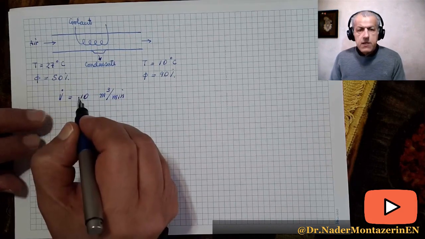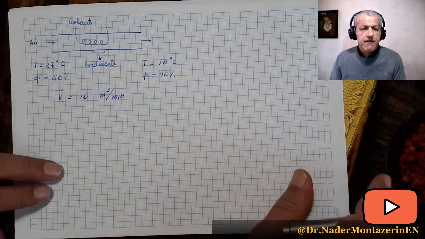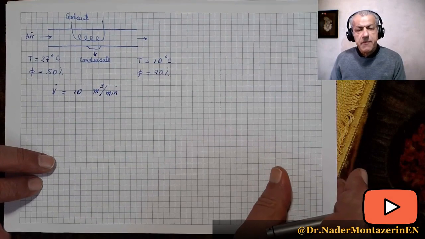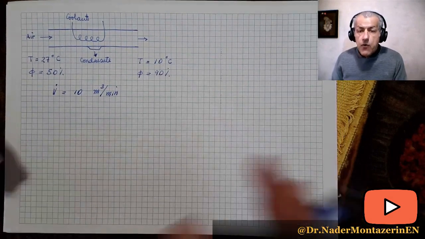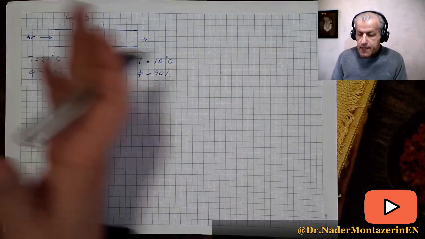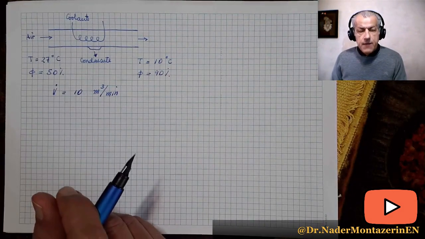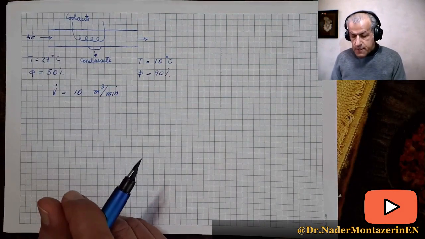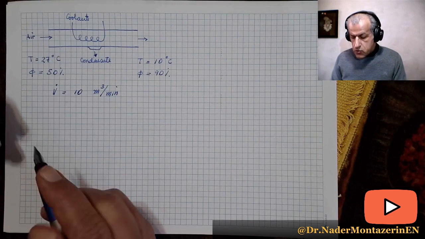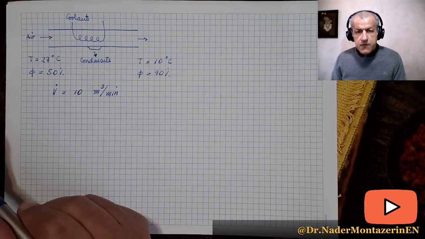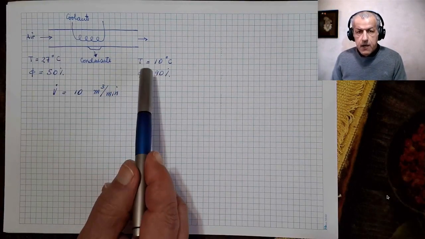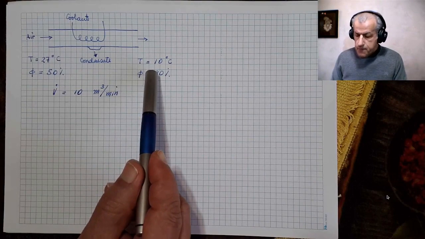So what should happen is that we should have 10 cubic meters per minute of flow inside this instrument, which provides for us the type of air that we want.